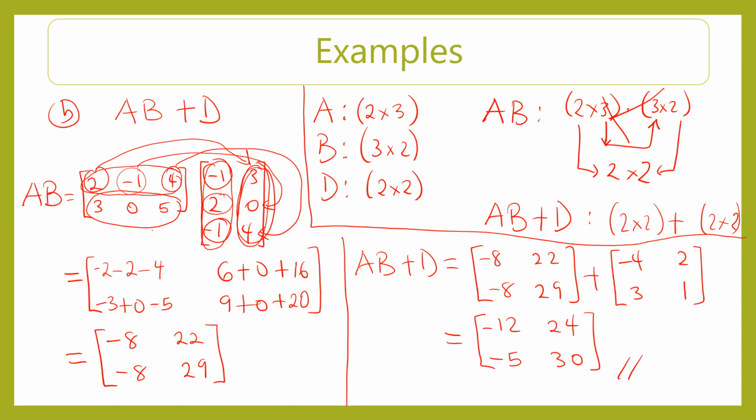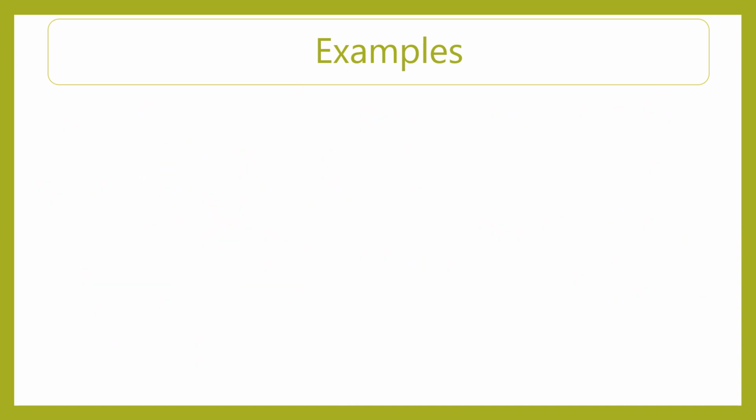All right, so the next thing to do now is to think about C times A transpose. So let's go into C times A transpose. We need to check the compatibility rule as well. Remember that the size of C is 3 by 3. The size of A was 2 by 3.